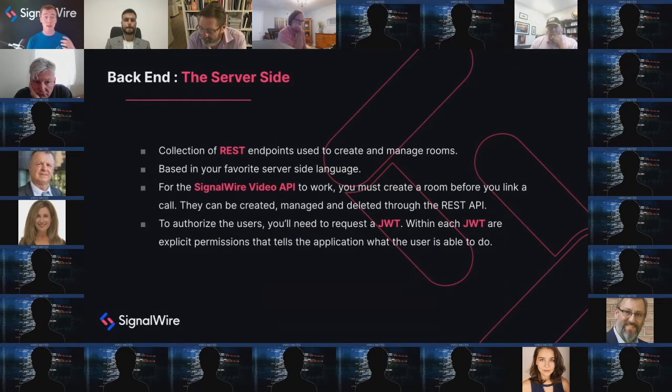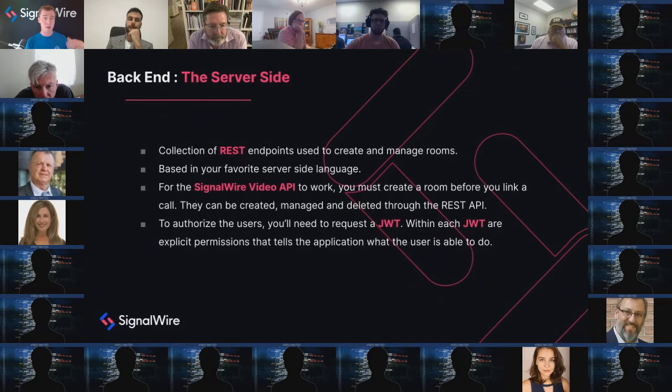You can actually configure the server-side code based in whatever server-side language you want. So PHP, Python, JavaScript, React, even now, all of this stuff is available. For the SignalWire Video API to work, you must create a room before you link a call. Those are created, managed, and deleted through our REST API. Think of it like any other meeting you've ever been in.